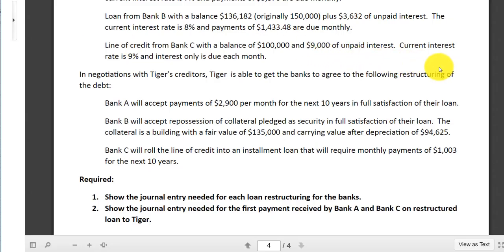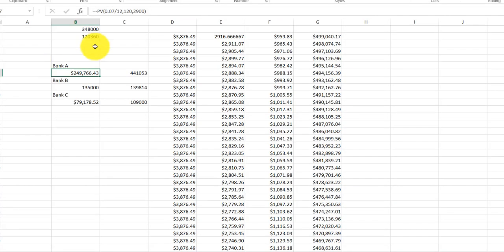We don't try to guess what the new one is. We use the old rate of interest to calculate that. That gives us 249. So we would have a loss on this loan of the difference between these two numbers, almost $200,000 loss, debit loss, and credit note receivable.